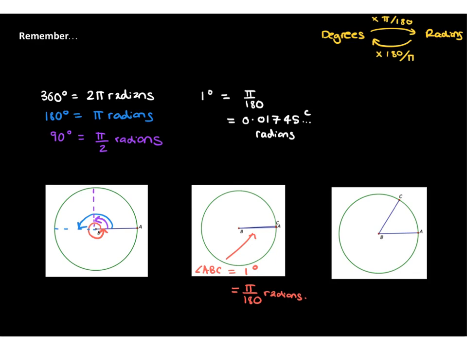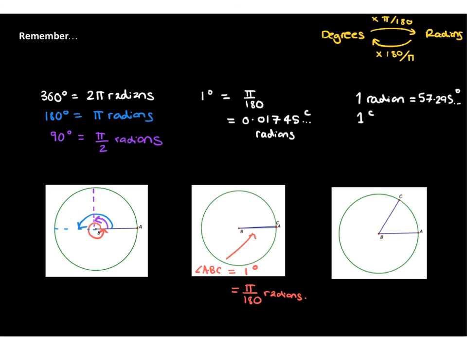Now, in the last diagram, we're actually going to do this slightly differently. We're going to work out what is 1 radian equal to in degrees. So 1 circular measurement in degrees. Can you work out what 1 radian is in degrees using the conversion? So hopefully you've done the calculation correctly, and you will have found that 1 radian is 57.295 ... degrees.